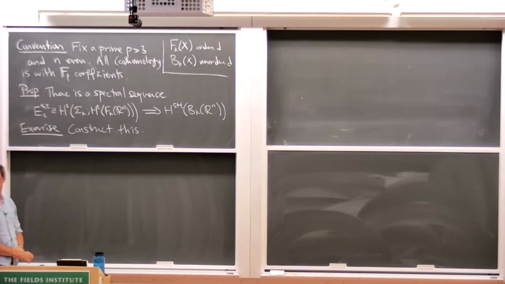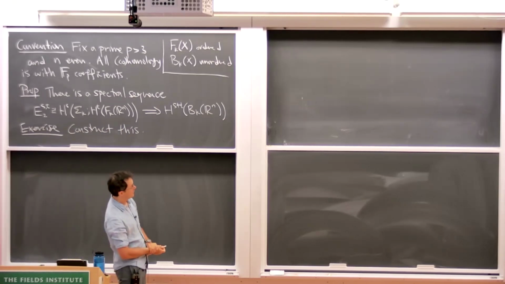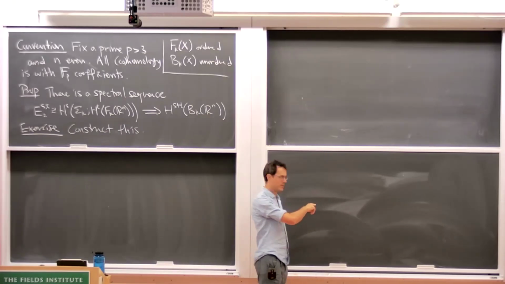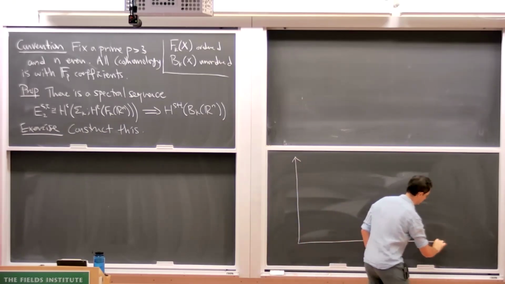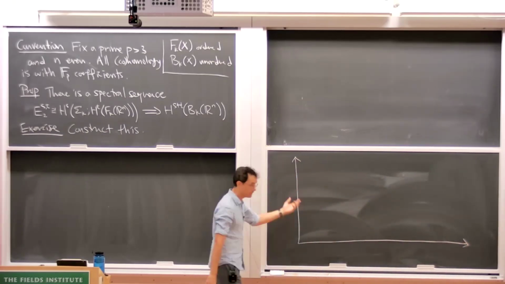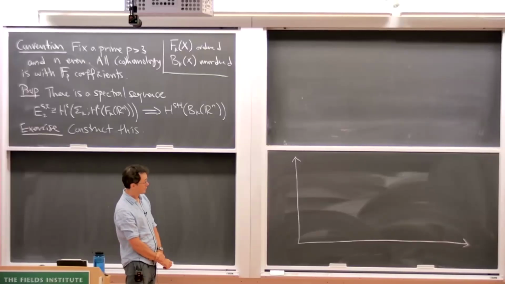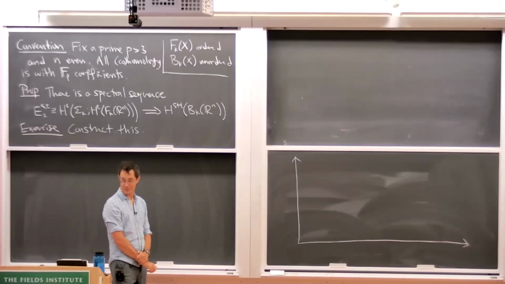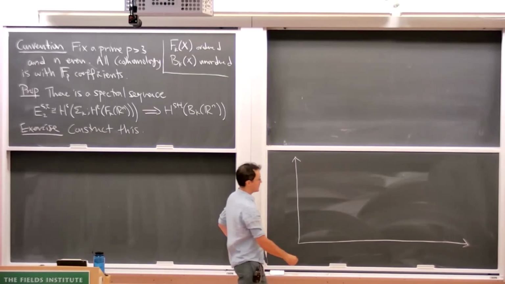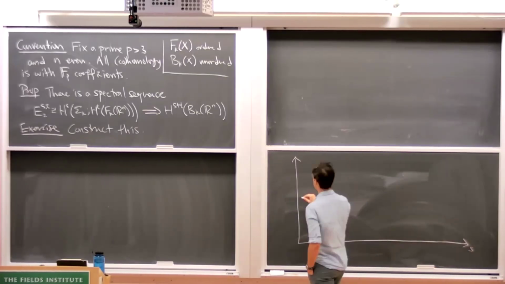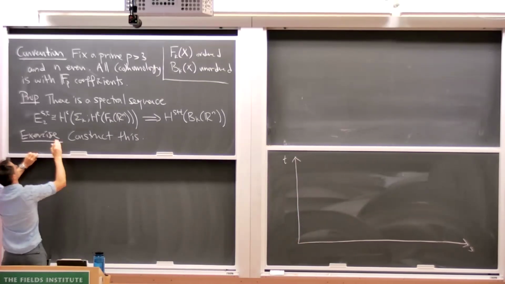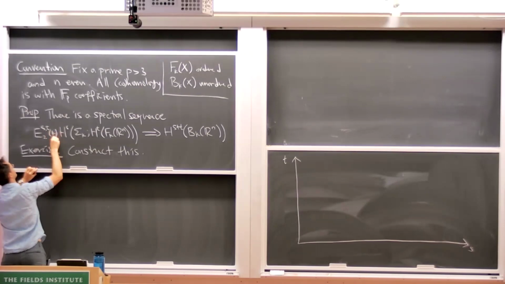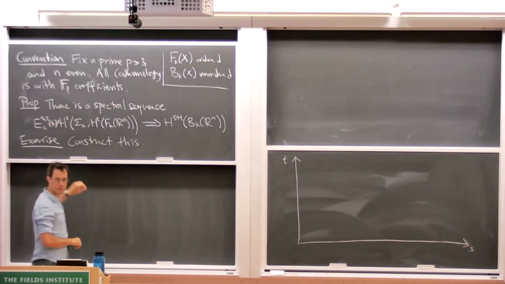Great. So let's start to try to understand what the spectral sequence says. That's what this board is going to be for, if I remember to keep it here. So there's our spectral sequence. So far, this is what we know about it. Here's the S axis. Here's the T axis. And maybe I wanted to call this E2 of K, because there's one spectral sequence for every configuration space.